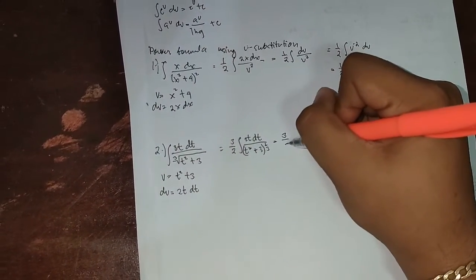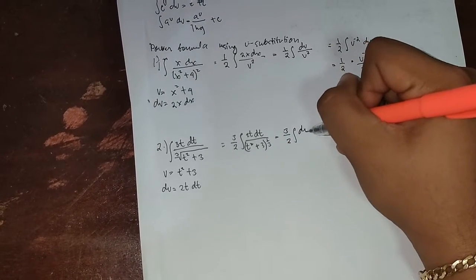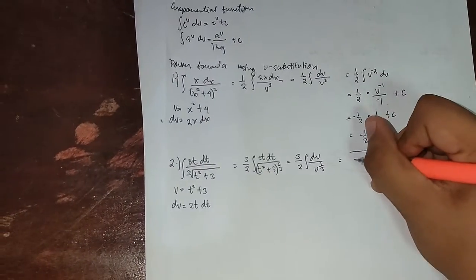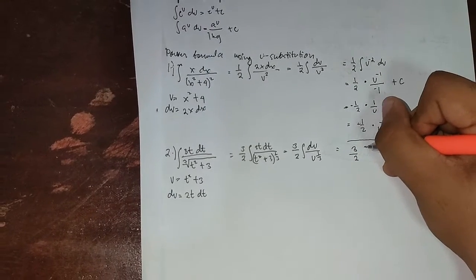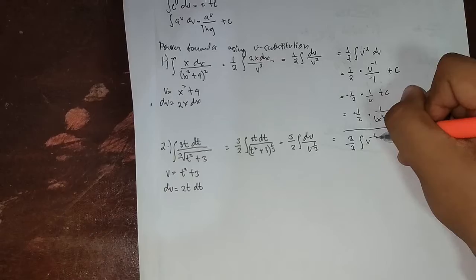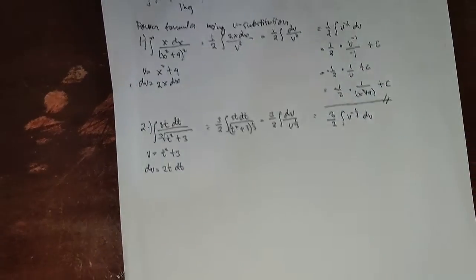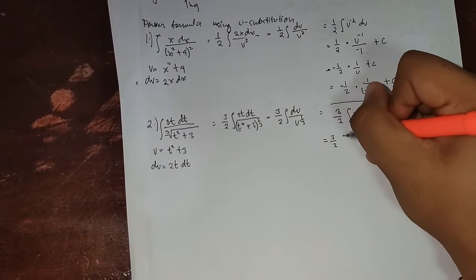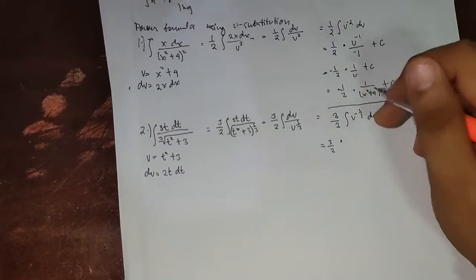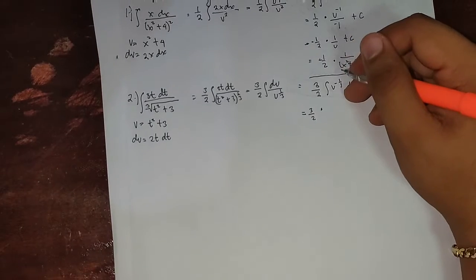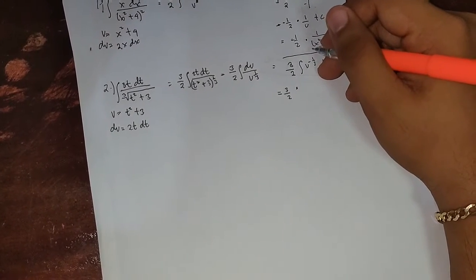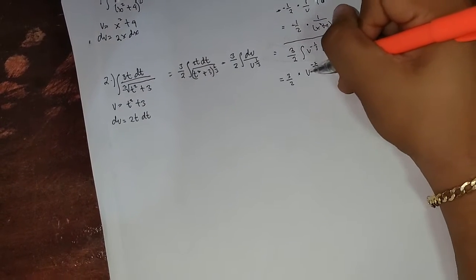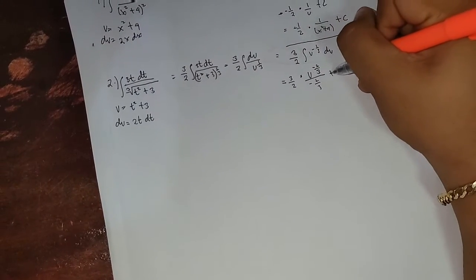equals 3 over 2 integral of du over u to the 1/3, equals 3/2 integral of u raised to negative 1/3 du, equals 3/2 times, we're gonna use now the power formula, u to the 2/3 over 2/3 plus c.